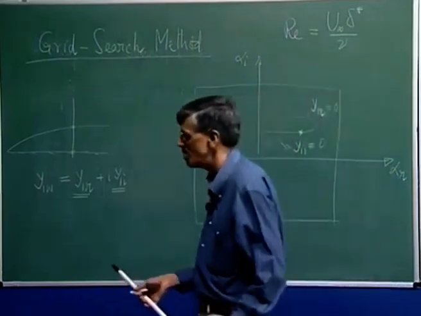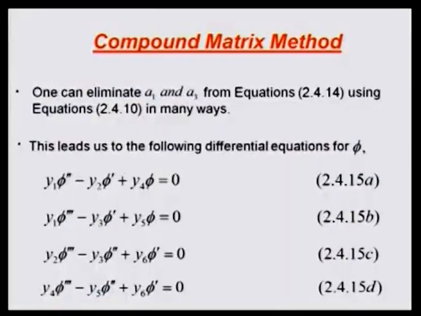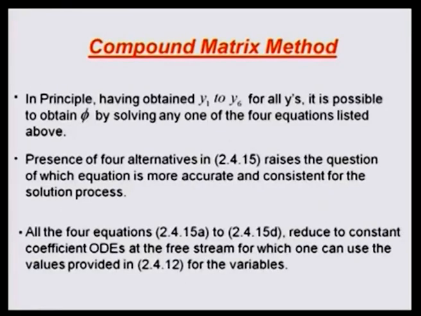So, there are 4 possibilities, right. I do not know if I have talked about it here or not, but I will ask you a question. Yeah, I think we have just talked about it in words. Now, I will explain to you what it means, that having obtained y 1 to y 6, in principle we can obtain phi by solving any one of those 4 equations.